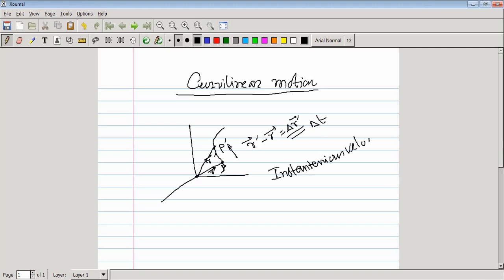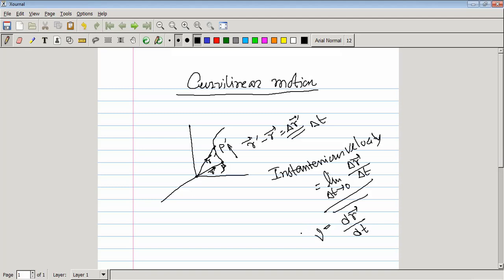For instantaneous velocity, as you all know, the time tends to 0. So instantaneous velocity is nothing but the limit of del r vector by del t, or instead of del we can write dr by dt. This is our instantaneous velocity.